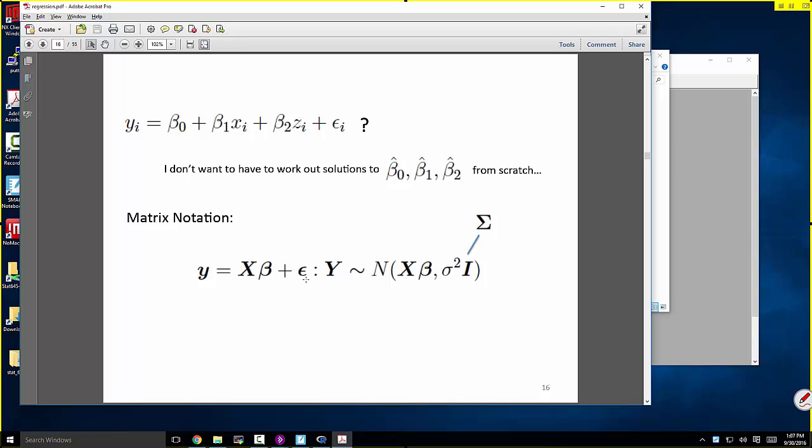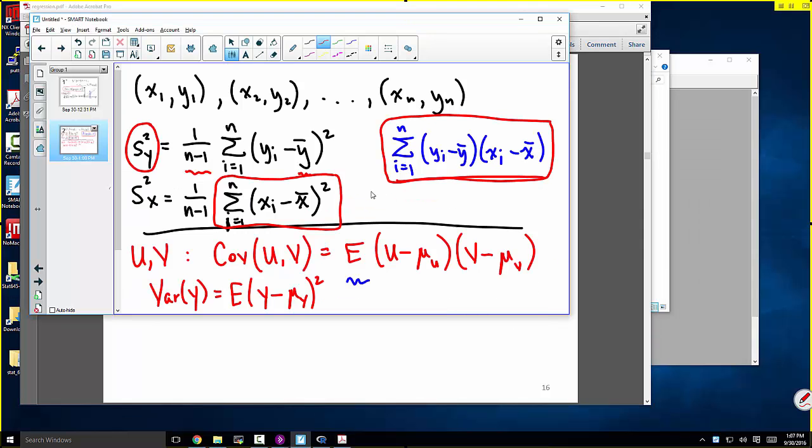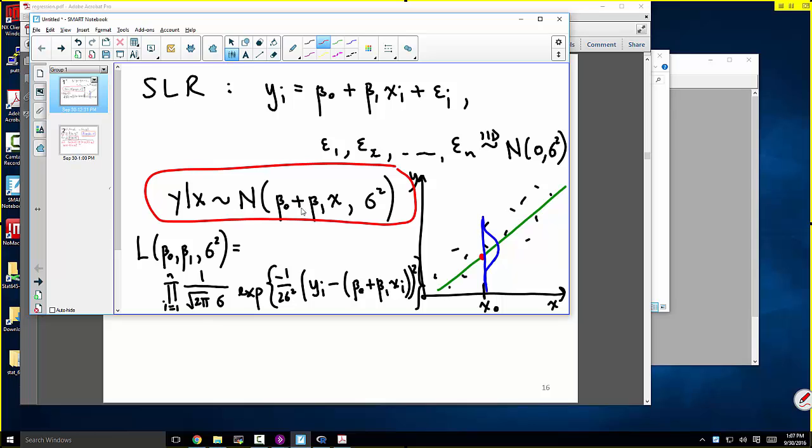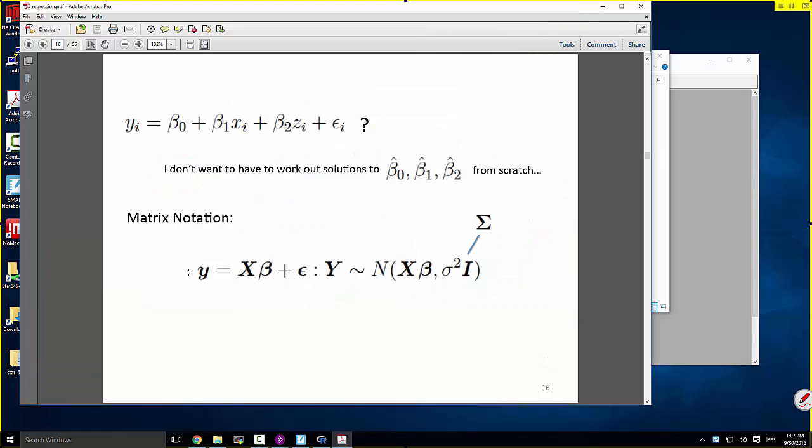then similarly to how we said that y is normal with mean equal to the line and variance equal to sigma squared, we can say that y the vector is multivariate normal with a mean vector defined by X beta.